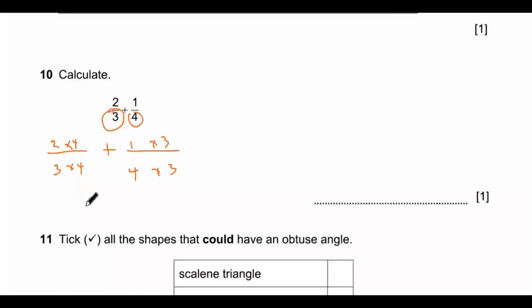So this will give us 2 times 4, 8, over 3 times 4, 12, plus 1 times 3, that will be 3, over 4 times 3, 12. Sorry, I wrote 24 here, so this should be 3 times 4, 12. Then 4 times 3, 12. So we add these together: 8 add 3 will be 11 over 12. So the final answer is 11 over 12.